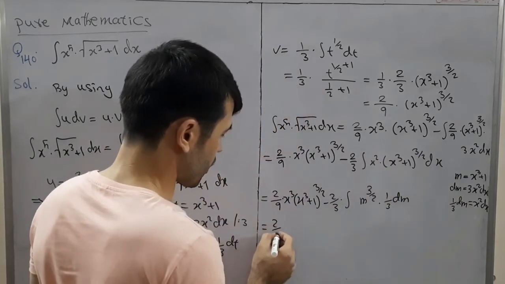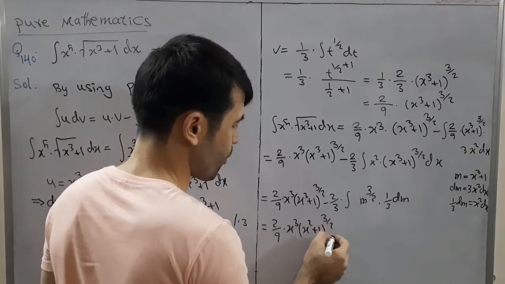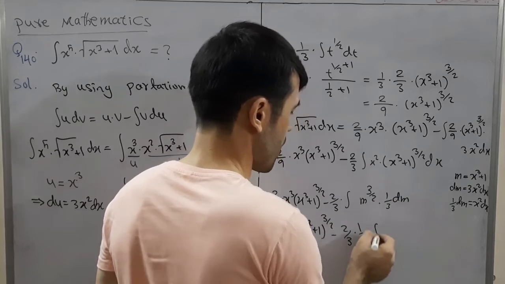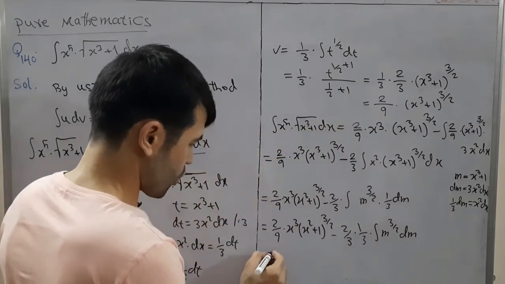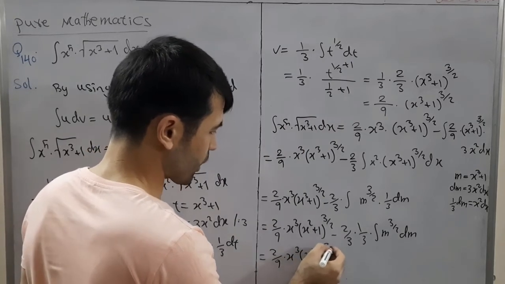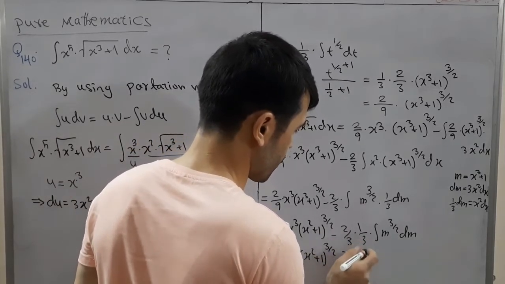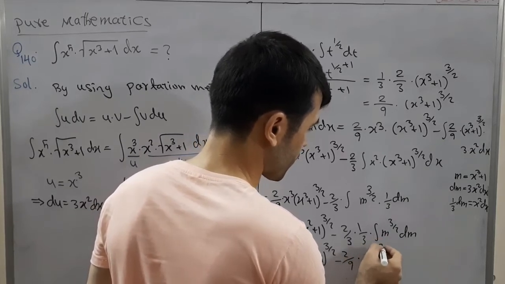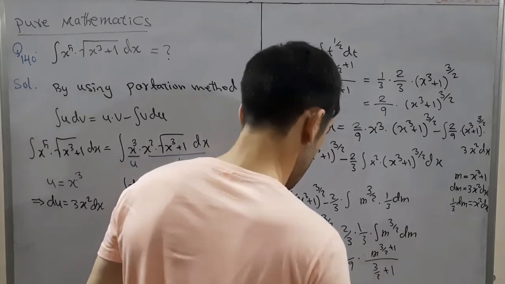Now it is equal to 2 over 9 into x cube into x cube plus 1 whole to the power 3 over 2 minus 2 over 3 into 1 over 3 into the integral of m to the power 3 over 2 dm.